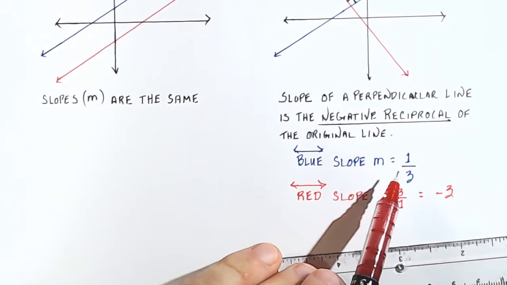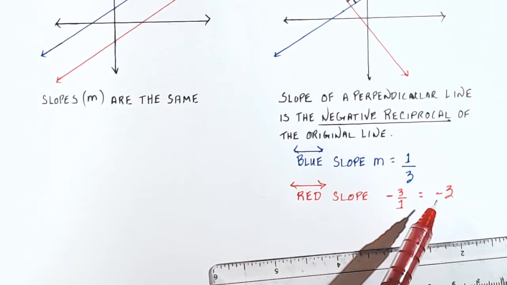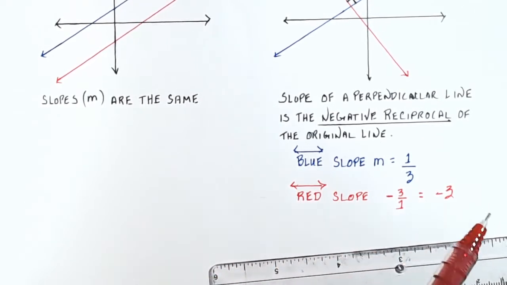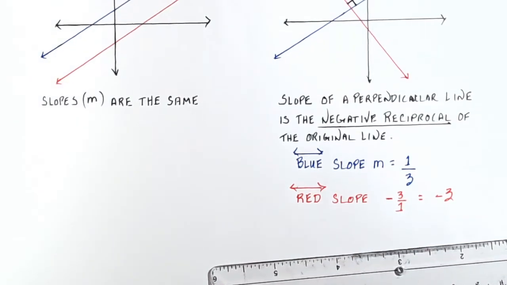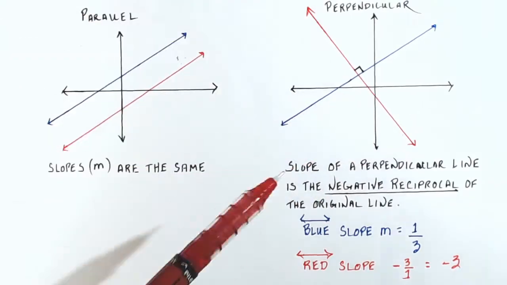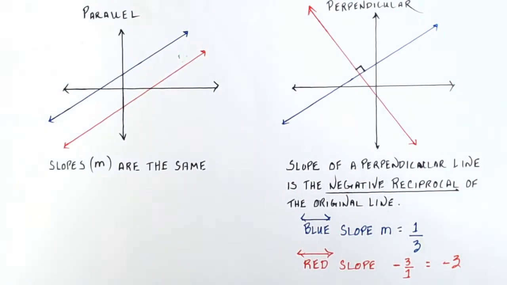So if the slope of the original line is 1/3, then the slope of the new line, the red perpendicular line, is -3. Okay, and that's visually represented here. If you have a positive slope starting, your perpendicular slope would be negative.